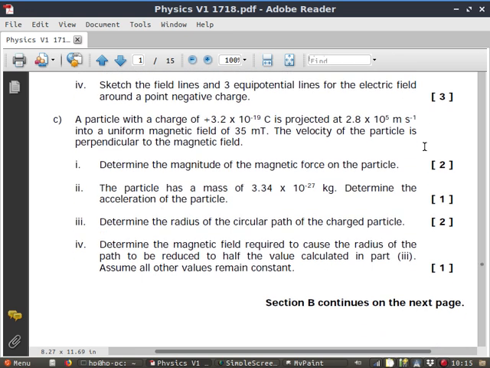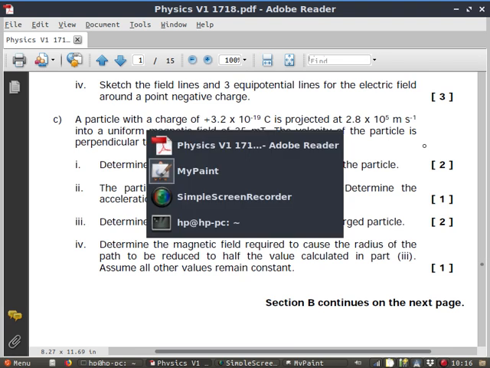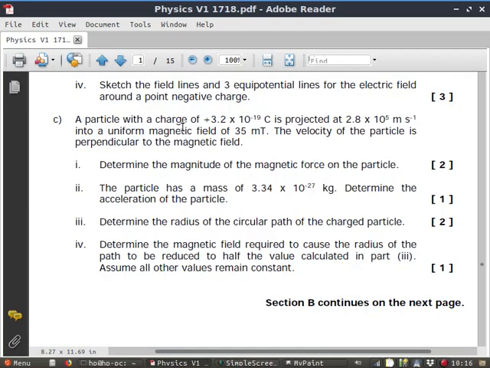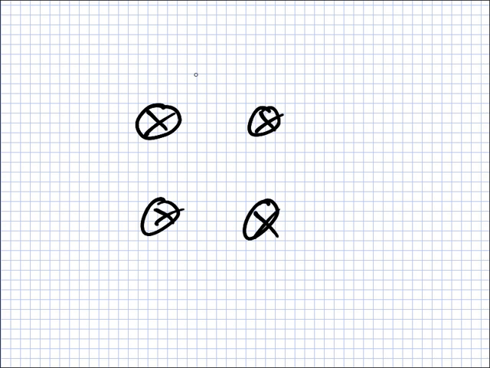Okay, C. So, a particle of charge 3.2 times 10 to the minus 19 is projected into a uniform magnetic field. Okay, so you have a magnetic field of 35 millitesla.